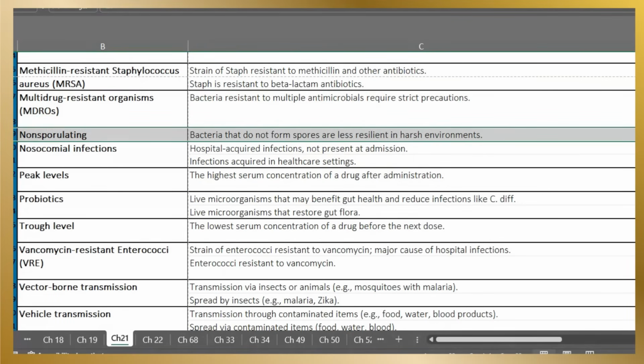And non-sporulating, it's a bacteria that does not form spores and is less resilient in harsh environments. So no spores, less durable in the environment.